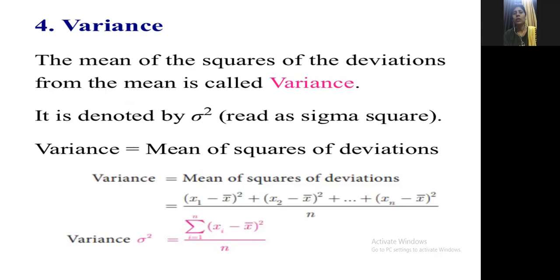Variance. What actually variance explains to us? The mean of the squares of the deviation from the mean is called variance. For calculating the variance, the first thing which we need is what I have already told you, that is mean of the squares of deviations. What are these deviations? These deviations are actually the difference of the data given from the mean, or that mean may be the actual mean or the assumed mean.